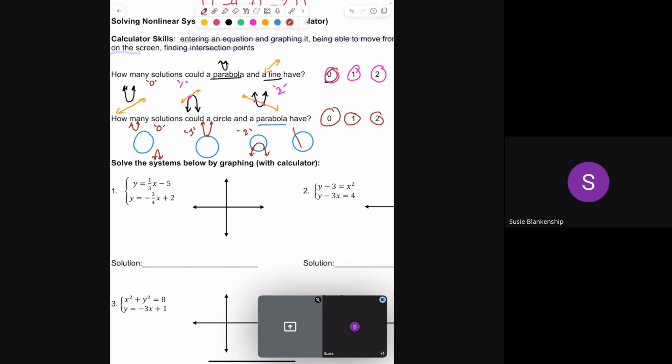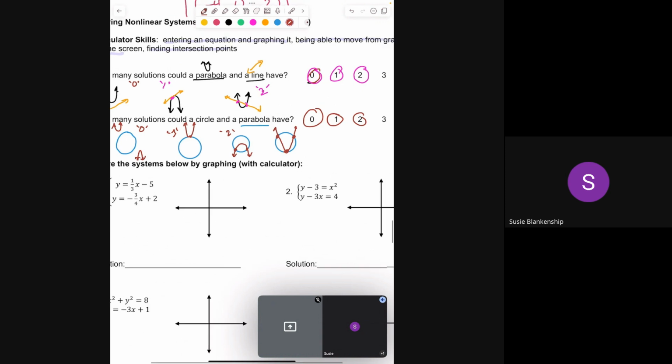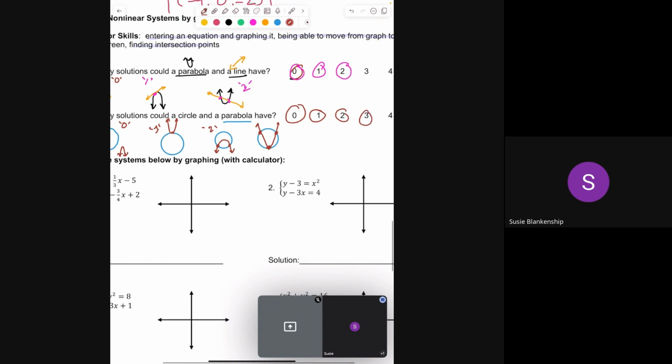It's going to touch, and then it's going to come back up. So here's 1, 2, 3 solutions. And then the last one, let's see if we can have 4 solutions. If I want 4 solutions, it needs to go through twice here, back up, and twice again. 1, 2, 3, 4.